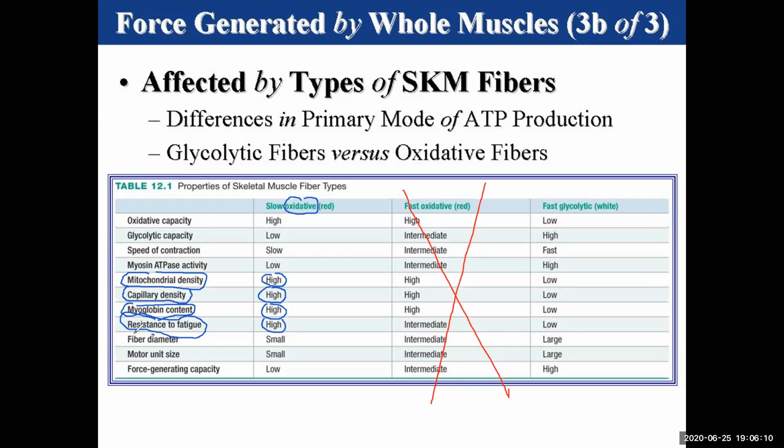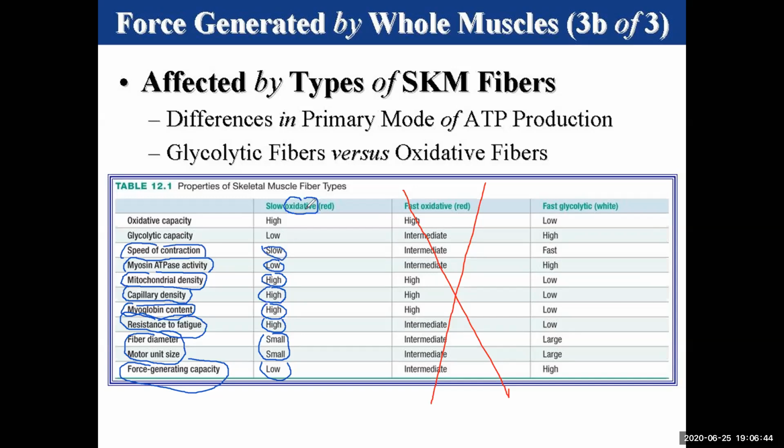They have a tendency to be small in size, both the motor unit and the diameter of the muscle fiber. And because of that, they have weak tension generating capability, so low. And they also have little myosin activity, so low here, leading to slow speed of contraction.